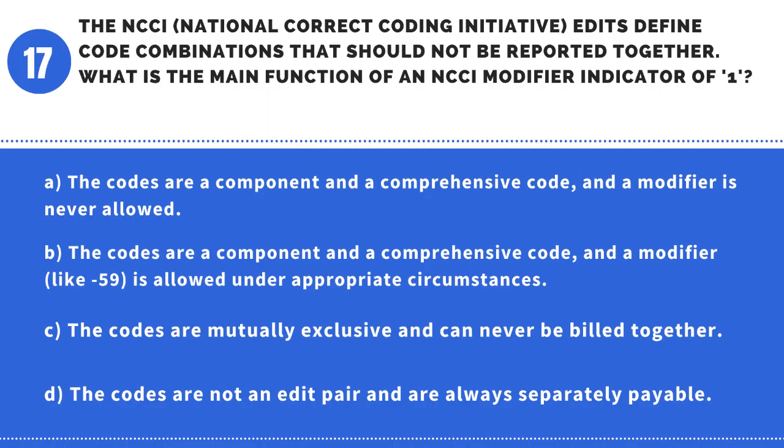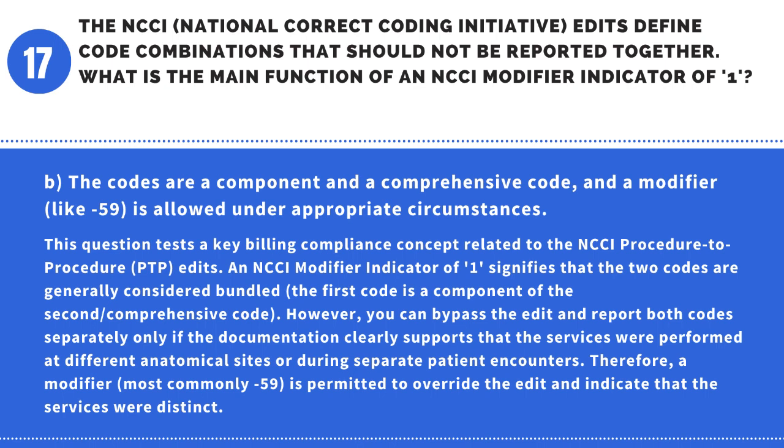C. The codes are mutually exclusive and can never be billed together. D. The codes are not an edit pair and are always separately payable. Answer B. The codes are a component and a comprehensive code, and a modifier, like -59, is allowed under appropriate circumstances.